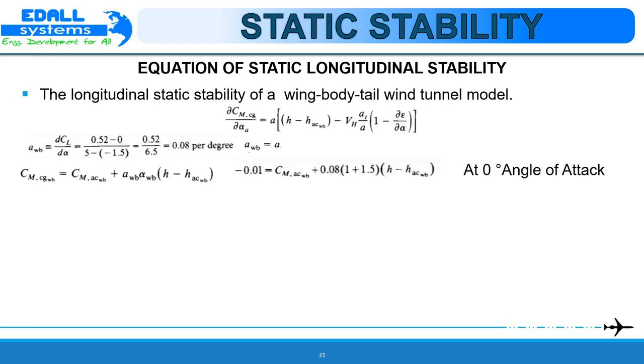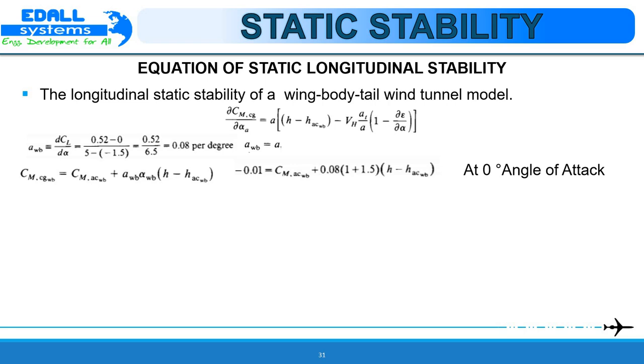So in this problem, we have alpha equal to 1 degree and 7.88 degree, and the moment coefficient about the center of gravity are measured as minus 0.01 and 0.05 respectively. So evaluated at angle of attack of 1 degree, remember that alpha is the geometric angle of attack, whereas alpha WB, that is alpha with respect to the wing body, is the absolute angle of attack, because of which we have to add 1 plus 1.5.